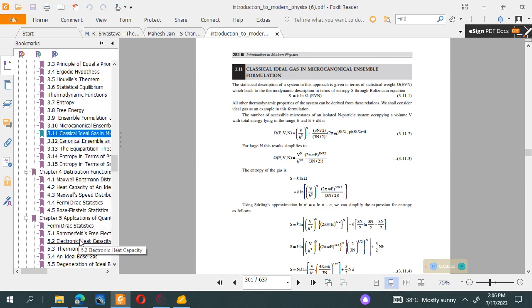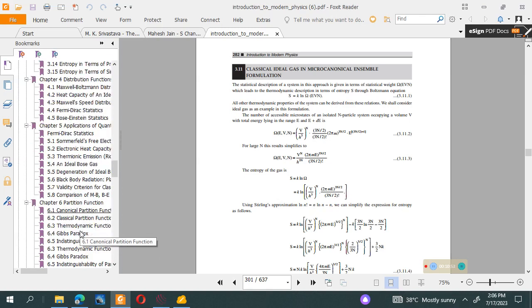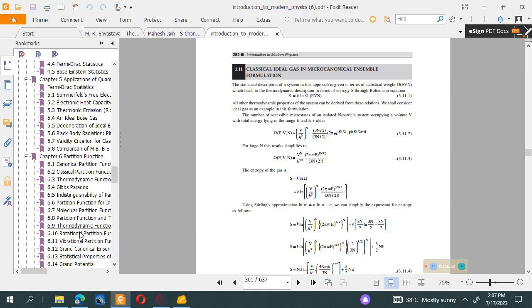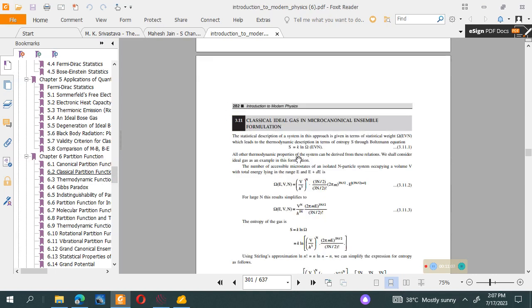Okay, entropy, Fermi-Dirac statistics, partition function, classical partition function, canonical partition function, and all the contents regarding statistics are discussed in these books. So I will put these books' links in the description box, and you can find them from there.